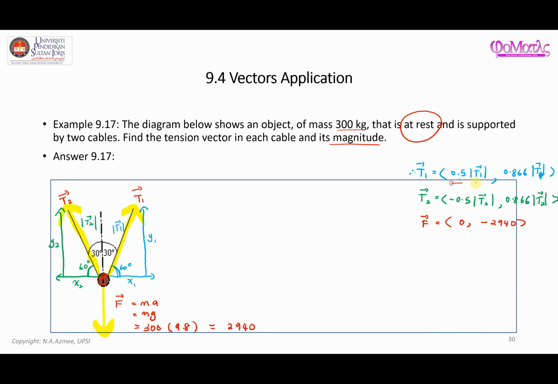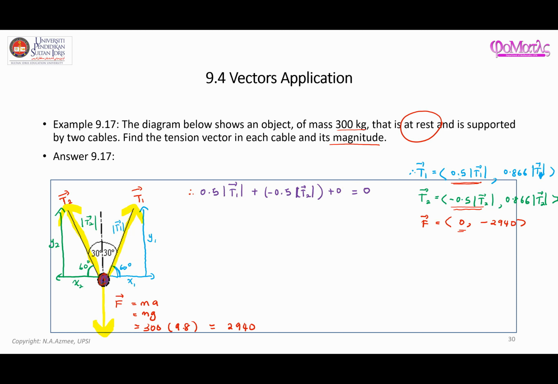Okay, so now I can create an equation based on that. If I add up all the x components, therefore 0.5 magnitude of t1, plus negative 0.5 magnitude of t2, plus 0, the answer should be equal to 0 because the mass is at rest here.